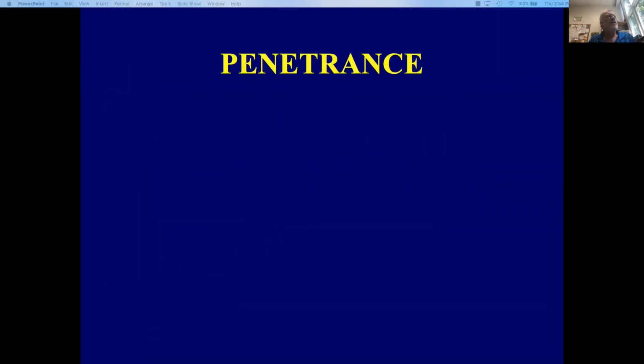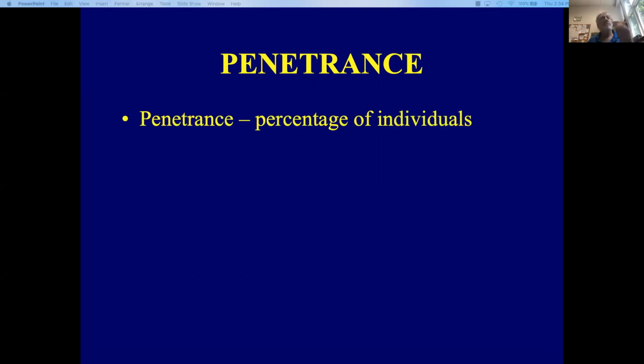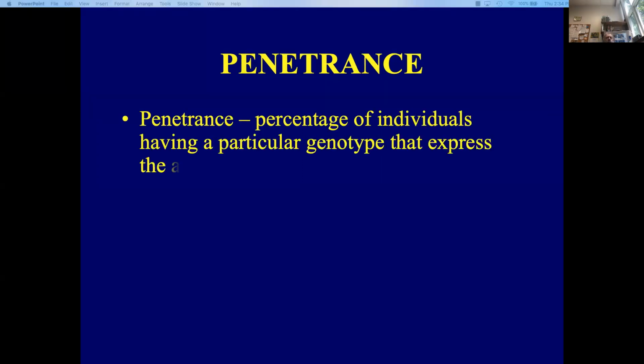Then moving on to penetrance. Sometimes individuals that have a genotype do not express the associated phenotype. And that's where the concept of penetrance comes in. It's a percentage of the individuals that have the genotype showing that phenotype.